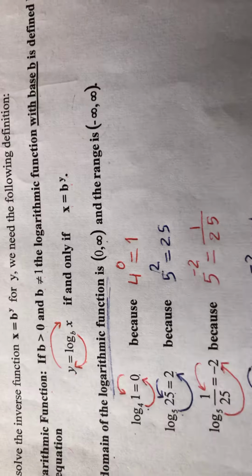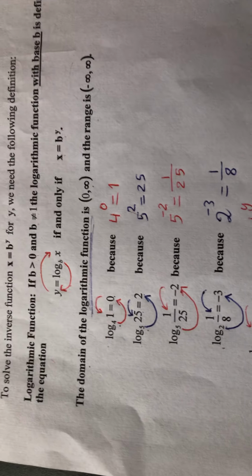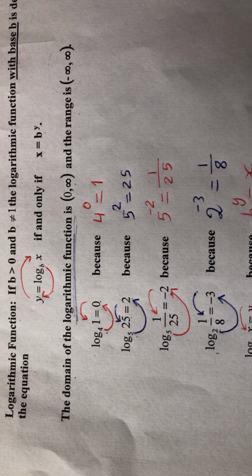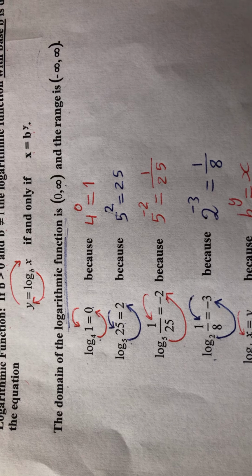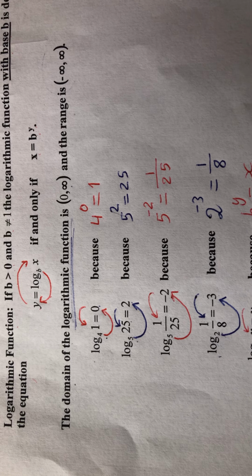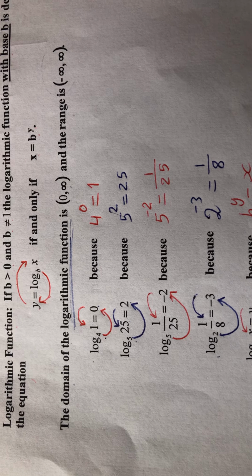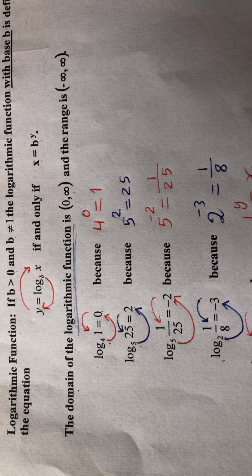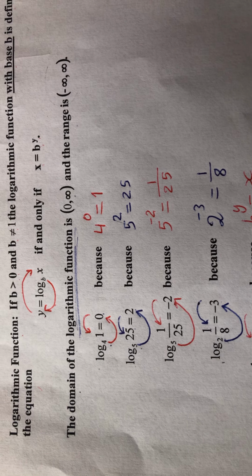The domain of the logarithmic function is 0 to infinity. So the logarithmic function is the inverse of the exponential. And the range of the logarithmic function is minus infinity to infinity.